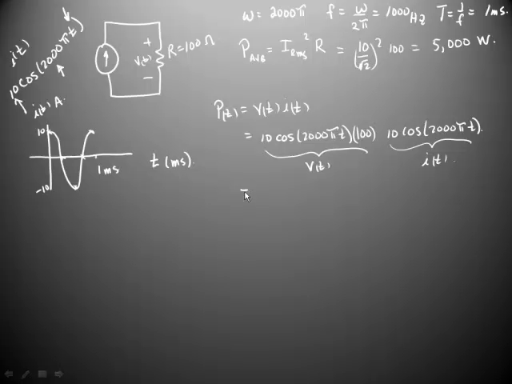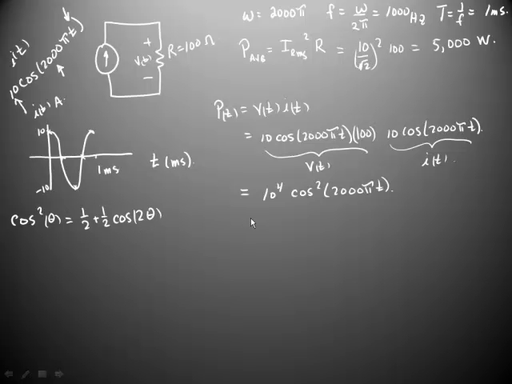Do the arithmetic on this, and we should end up with 10 to the fourth times the cosine squared of 2000 pi t. I'm going to refresh your memory on a trigonometric identity that tells us that the cosine squared of theta is equal to 1/2 plus 1/2 times the cosine of 2 theta.